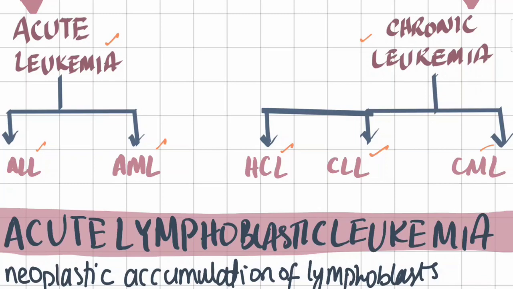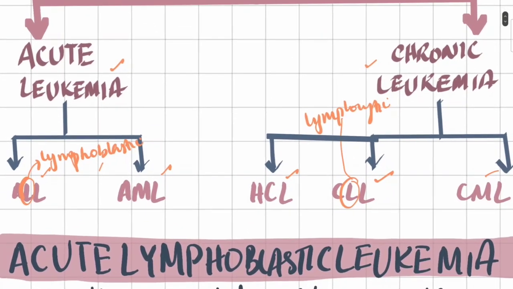Important point here is that this is lymphoblastic, okay? And here, L means lymphocytic. Lymphoblast is a precursor cell. It's an immature cell, and this is a mature cell.